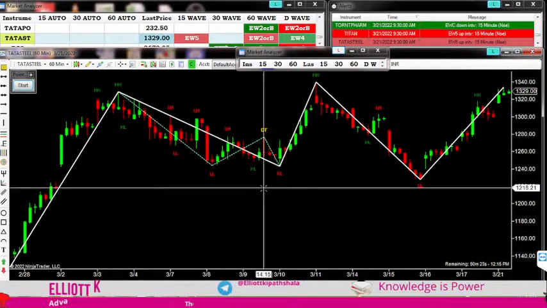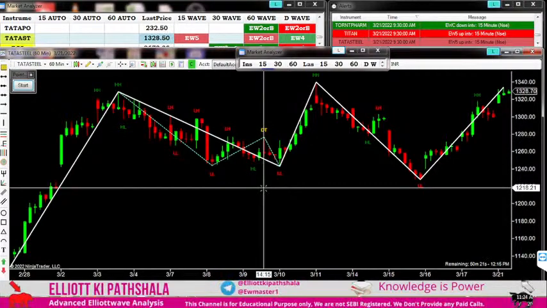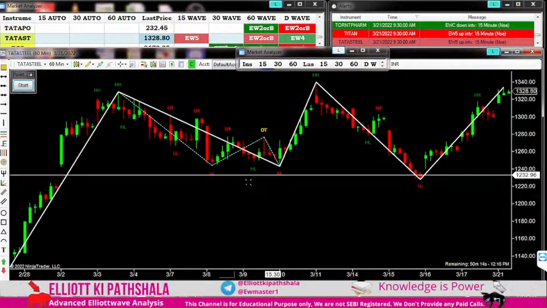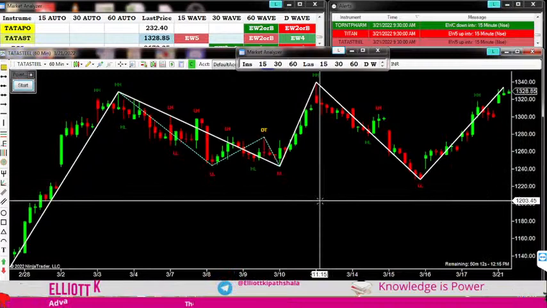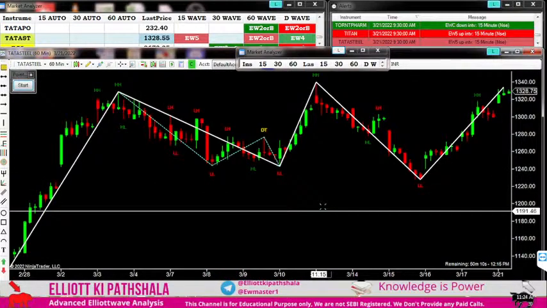See, here we are just showing you how this tool is working, and you can always easily identify the levels. Like for example, Axis Bank.